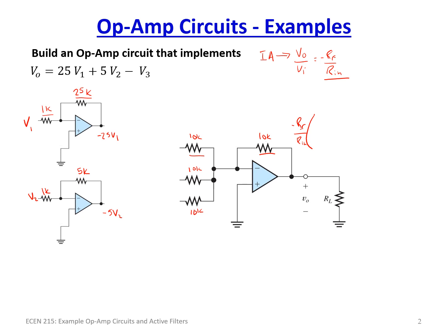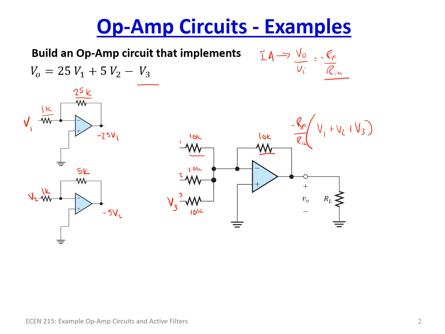So we could do this. We have RF over RN, where this happens to be 1, and it's V1 plus V2 plus V3, where this is input 1, input 2, and input 3. Since we're all doing the same gain, and we only needed a gain of 1 here for V3, then we simply just need to put V3 here.